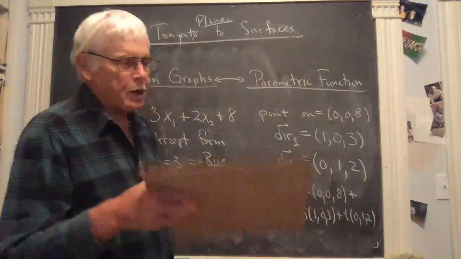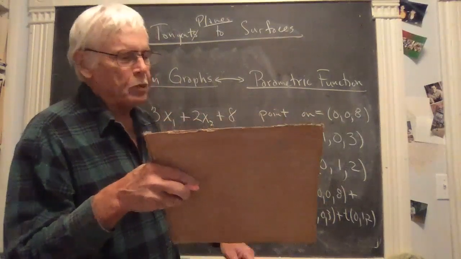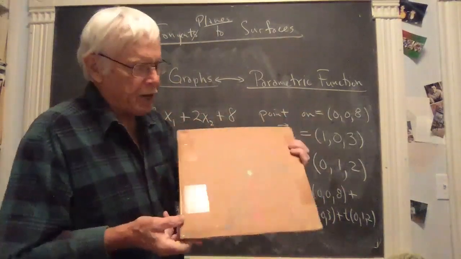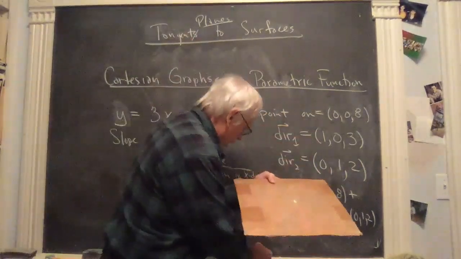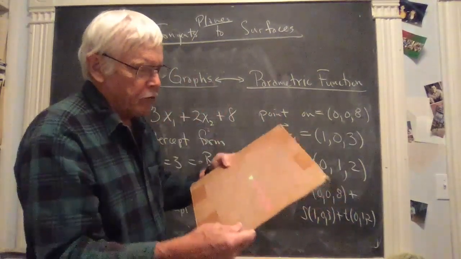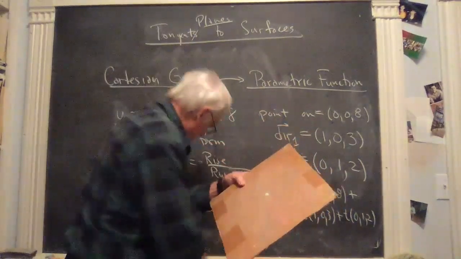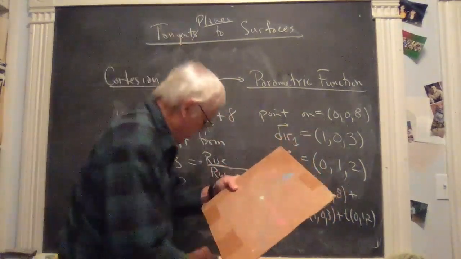So this is sloped up by 3 in that direction. It's sloped away from you so you can't see it. I'll slope it down to -3 just to give you the idea. And in the x2 direction that's perpendicular, it's sloped 2. So there is that plane. And here is the x2 direction.